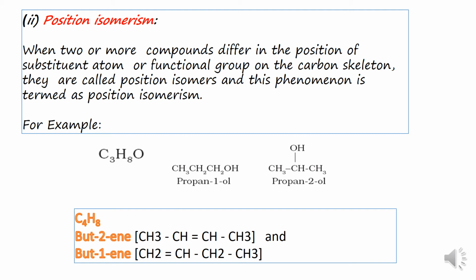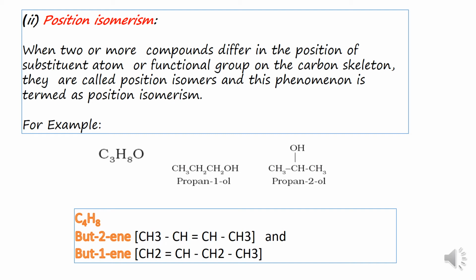Two possible position isomers for this compound are propan-1-ol and propan-2-ol. In propan-1-ol, the OH group is present on the first carbon atom, and the locant number of OH is 2 in the case of propan-2-ol. Because they show different locant numbers for the functional group, they are called position isomers.